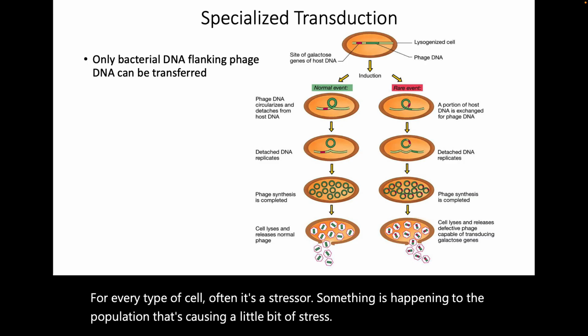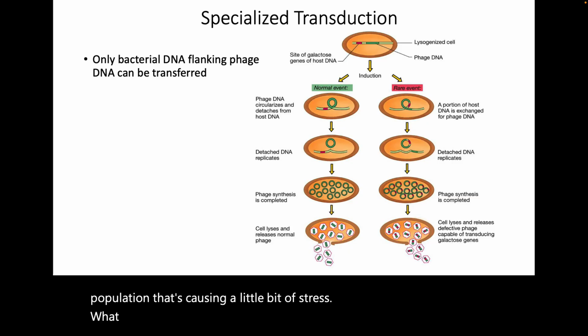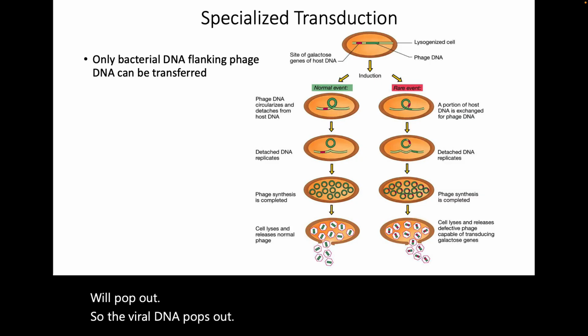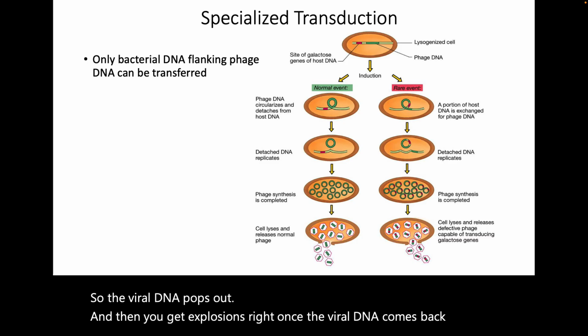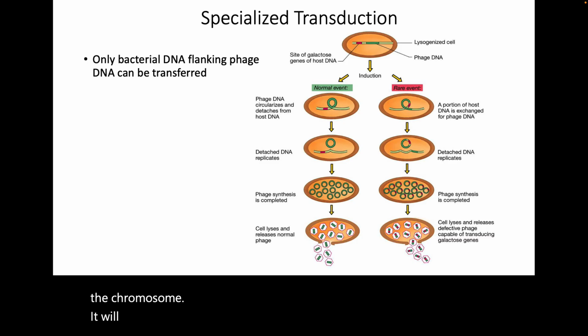And what will happen is that the viral DNA will pop out. So the viral DNA pops out, and then you get explosions, right? Once the viral DNA comes back out of the chromosome, it will take over the host cell, lead to its own replication, and then kill the host cell.